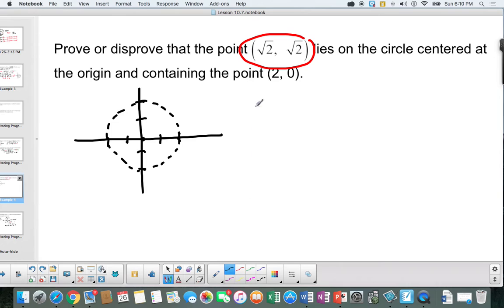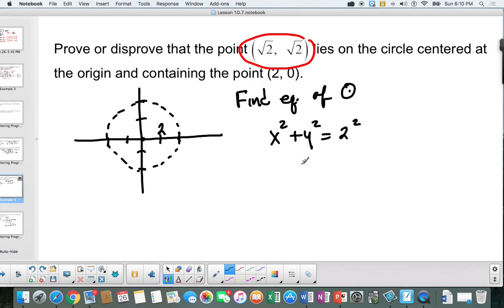Well, the way we figure that out is by first finding the equation of the circle. So I'm going to write, since this is centered at the origin, x squared plus y squared, and I know my radius is 2, so this is going to be 2 squared. Now the question is, is this point part of this set of points?